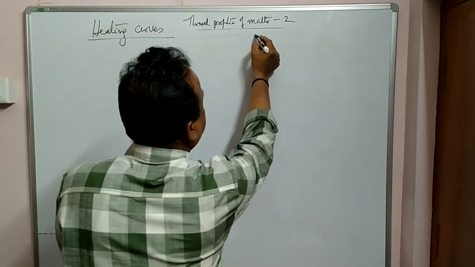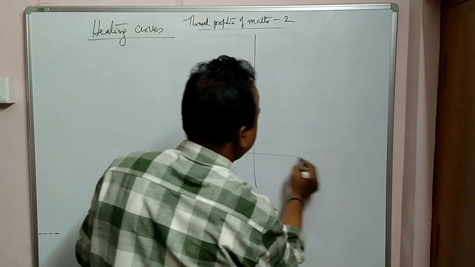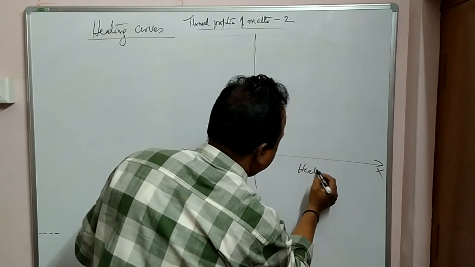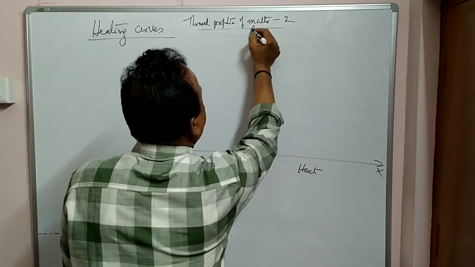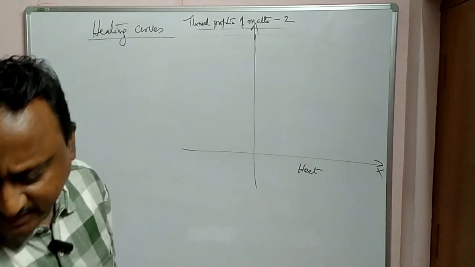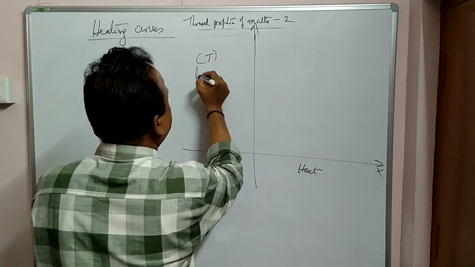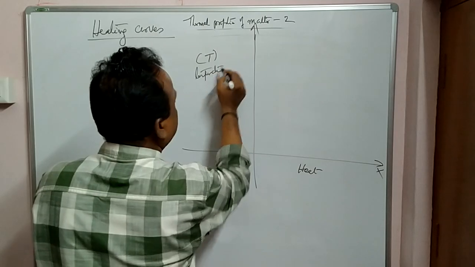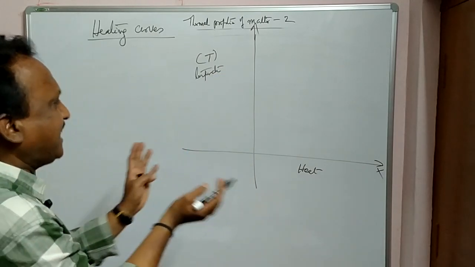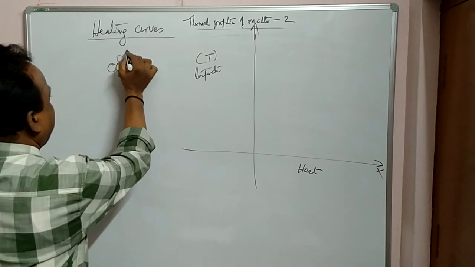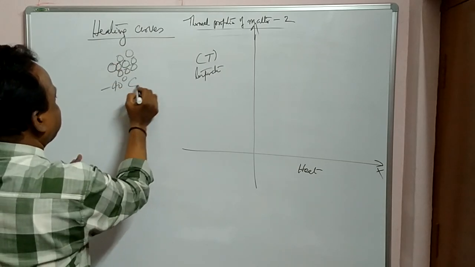For example, on the x axis let us take heat, and on the y axis let us take temperature. For example, take some ice pieces, crushed ice pieces, at minus 40 degrees centigrade.